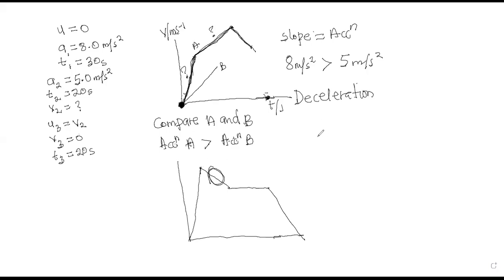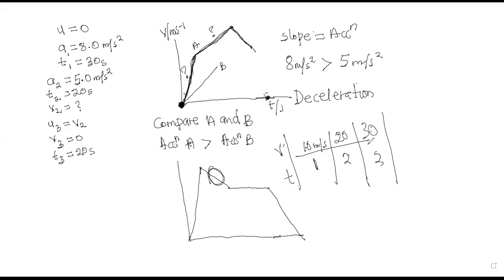But what it means is that, assuming during the time of 30 seconds, the body was moving with a velocity of 10 meters per second every second: 10, 20, 30 meters per second during the third half.